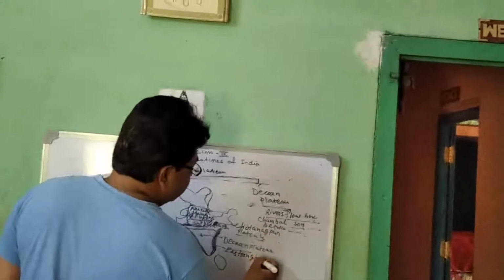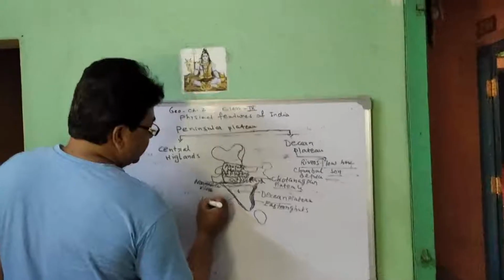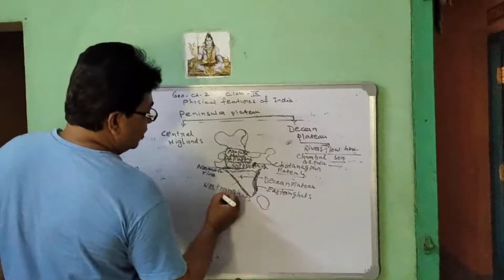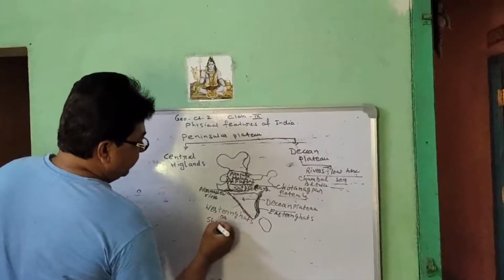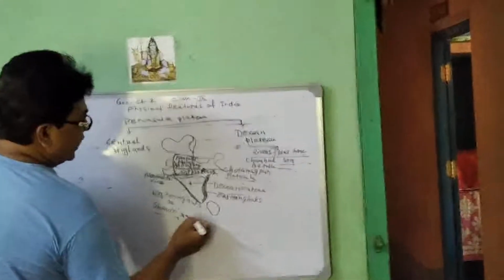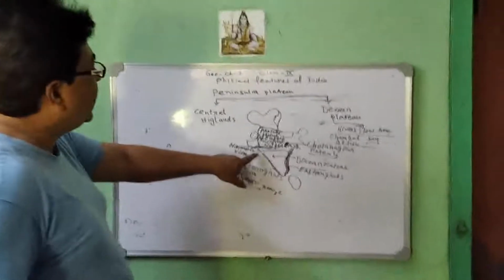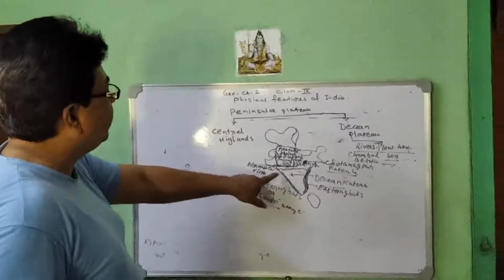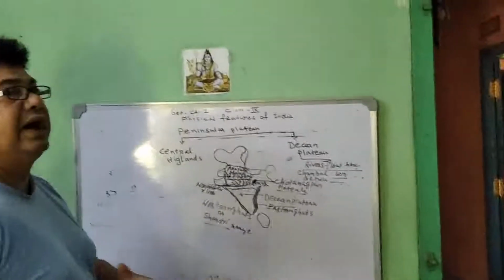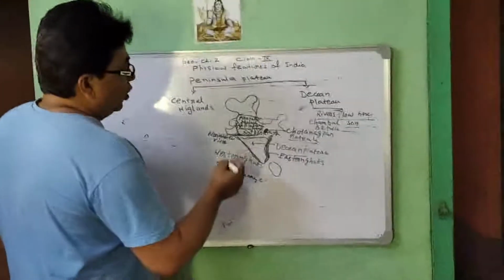Eastern Ghats, and the western side is known as the Western Ghats. Western Ghats are also called the Sahyadri range. These are narrow mountain ranges found in the western part of India. Here the mountains are not more than 900 meters high.